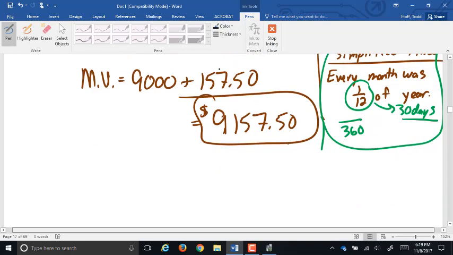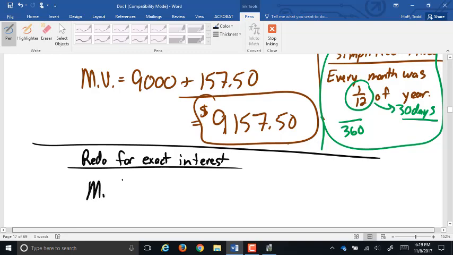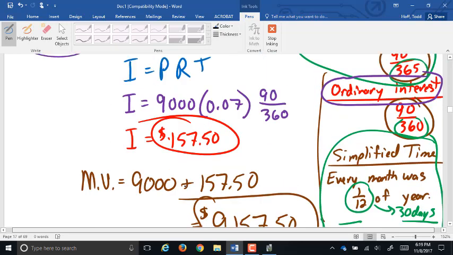Let's redo this for exact interest. If it doesn't say, always assume ordinary, but it might say exact. Unless you're told exact, always assume ordinary.